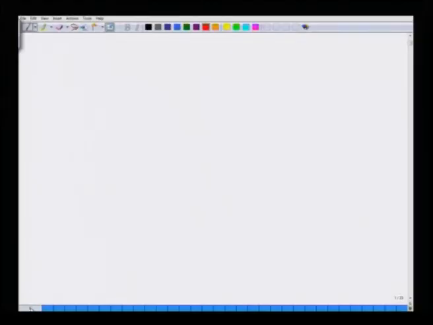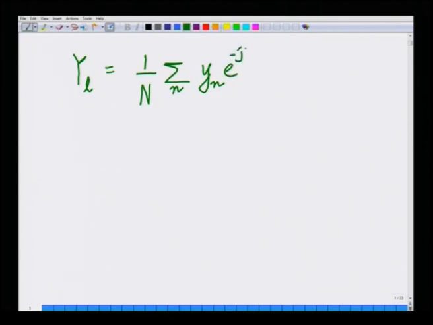So, we said that YL, the received symbol across the Lth subcarrier, is nothing but the FFT of the received samples in this fashion, that is, summation of received samples yn e power minus j 2 pi n l over N. Let me remind you, this is the Lth FFT point, which is the Lth received symbol across the Lth subcarrier.